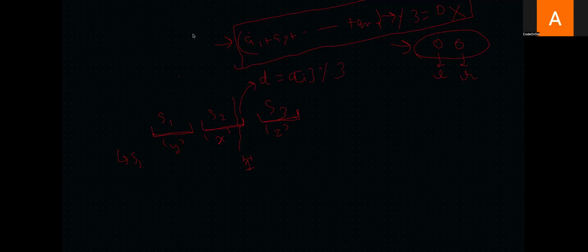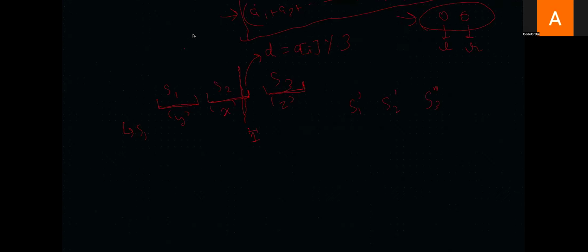So, did it change S1 if you reduce this size? It didn't. So let's say that the new segments are S1 dash, S2 dash, and S3 dash. So this is equal to S1. It didn't change.